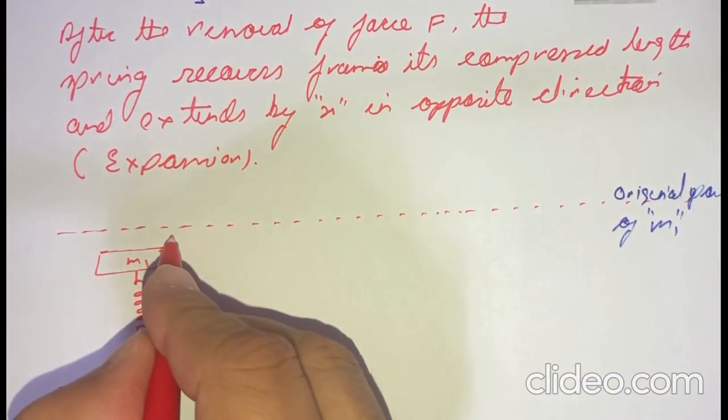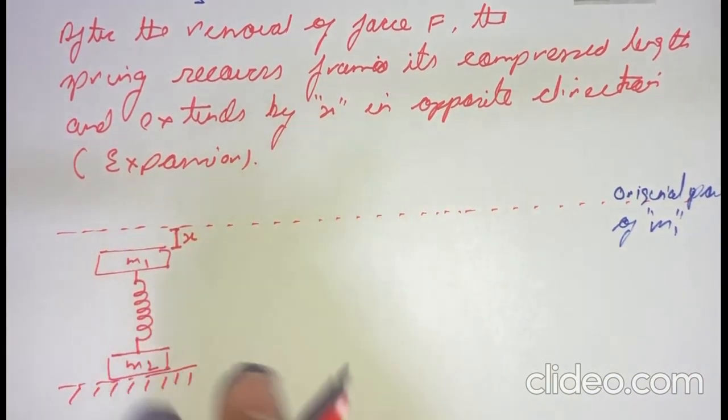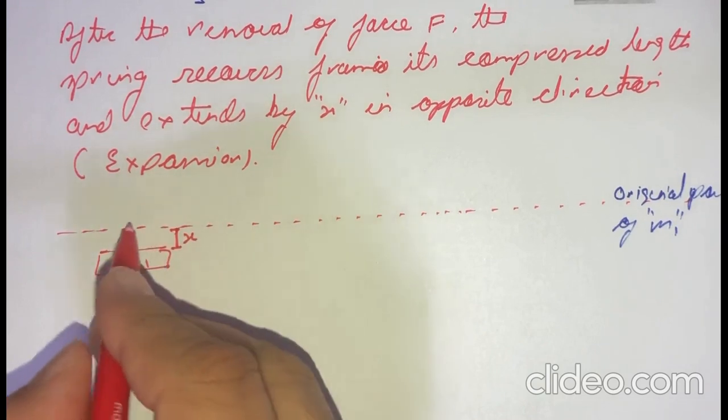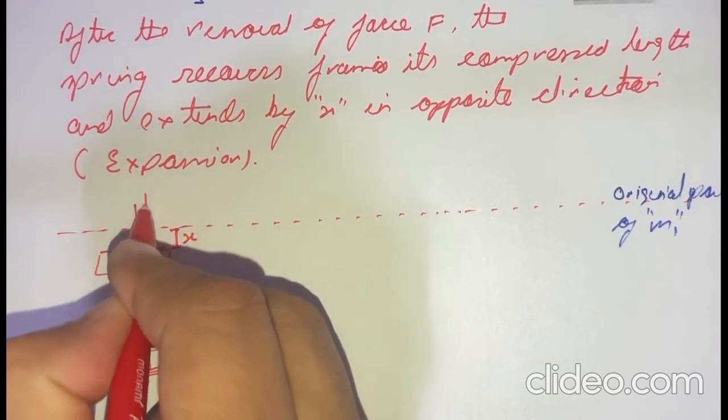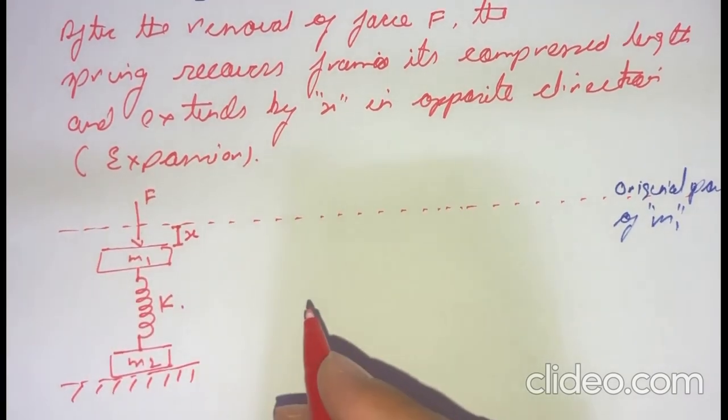Now it moves by a distance of x in the downward direction when force F is applied to it, and this is having spring constant k.